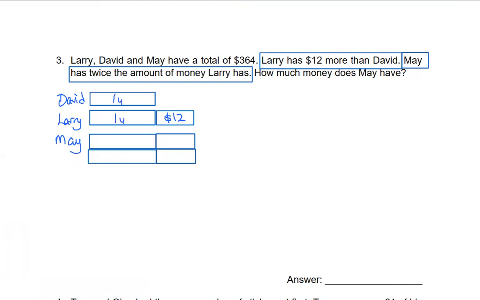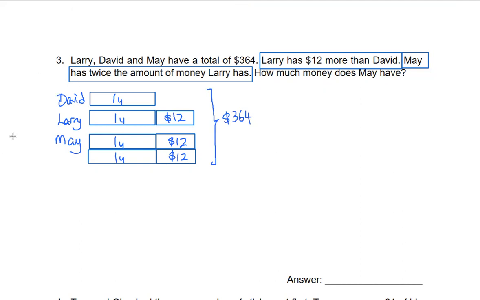If Larry has 1 unit and $12, May has 2 units and $12. This is how we show that May has twice the amount as Larry has. And in total, they have a total of $364. So how much money does May have?